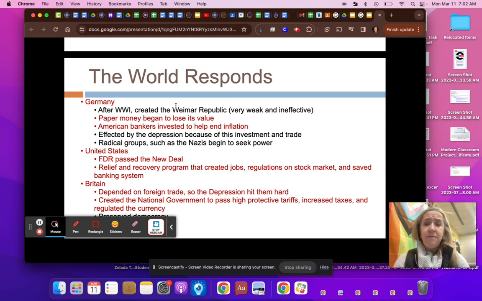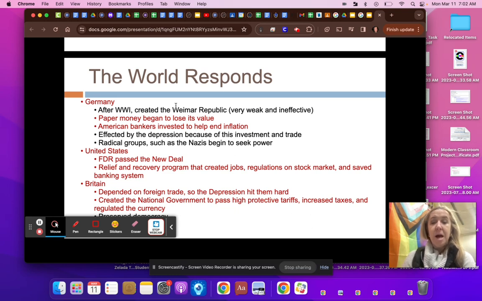American bankers had invested in Germany, hoping to end inflation. That didn't happen. What happens, and we'll talk about this in the next couple lessons, is that because the government is so weak, it helps lead to the rise of radical groups, such as the Nazi Party, that will begin to seek power.